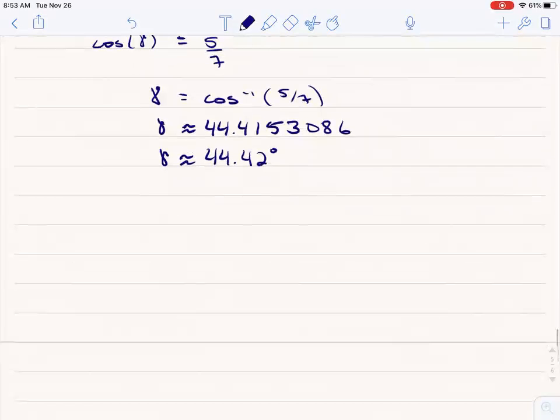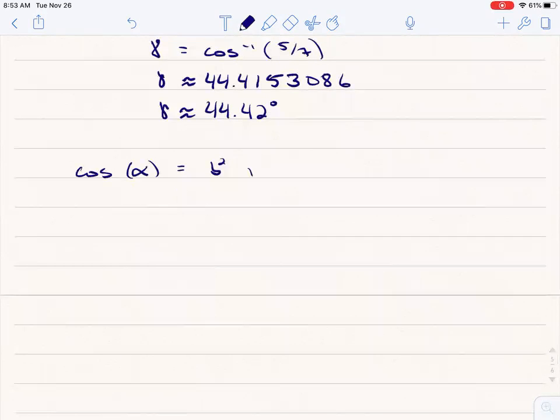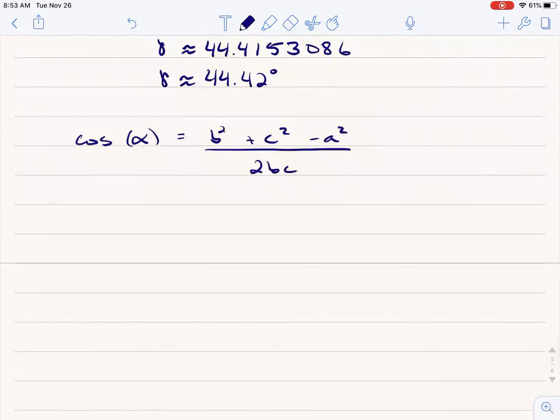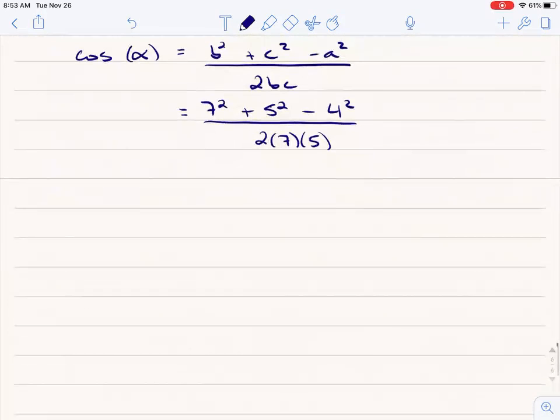So cos alpha from your theorem is b squared plus c squared minus a squared over 2bc, which is going to be 7 squared plus 5 squared minus 4 squared over 2 times 7 times 5, which is 58 over 70. And this is cos of alpha all the way along here.